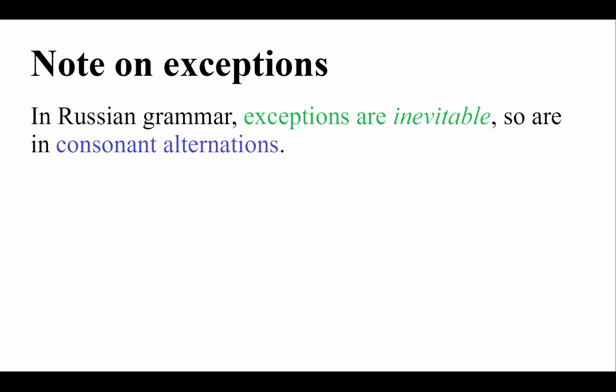Note on exceptions. Well, you've seen enough. You've seen 15 patterns, and we used 40 minutes to explain that. It isn't fair to not introduce any tips or tricks on exceptions, particularly for Russian, because it's an exception-bound language in its grammar. In Russian grammar, exceptions are inevitable, so are in consonant alternations.